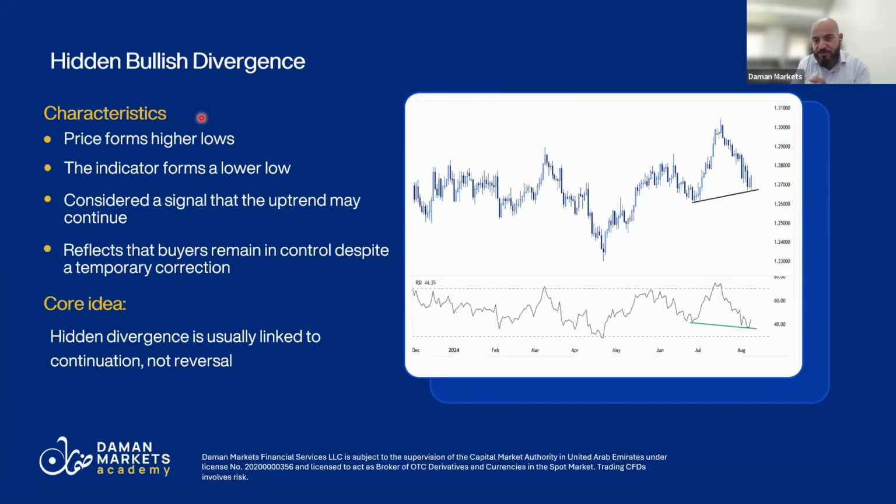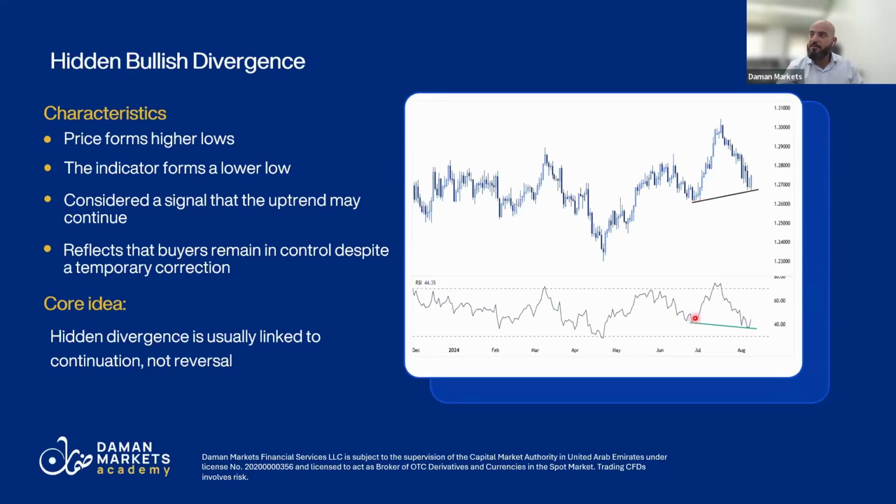In a hidden divergence, the indicator. So let's start with the hidden bullish divergence. Price forms higher lows. Here we have an uptrend, higher tops, higher bottoms. So we are in an uptrend, price is correcting lower. It reaches a point where it is above the previous bottom, so higher low.